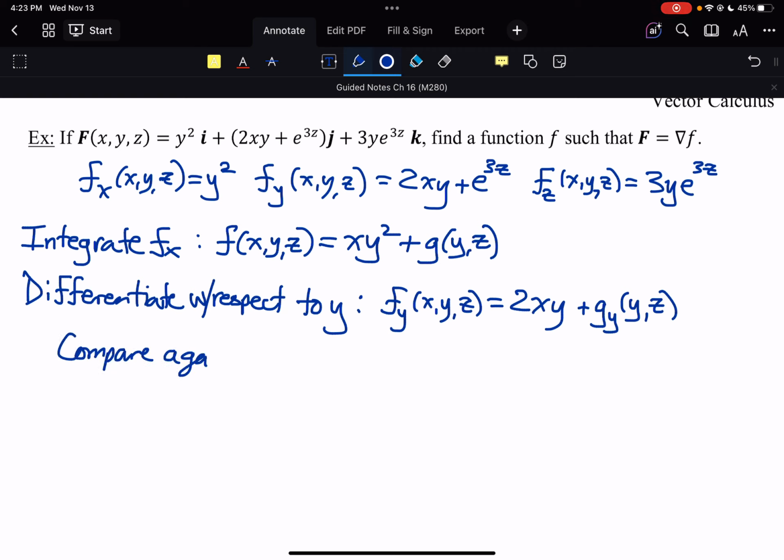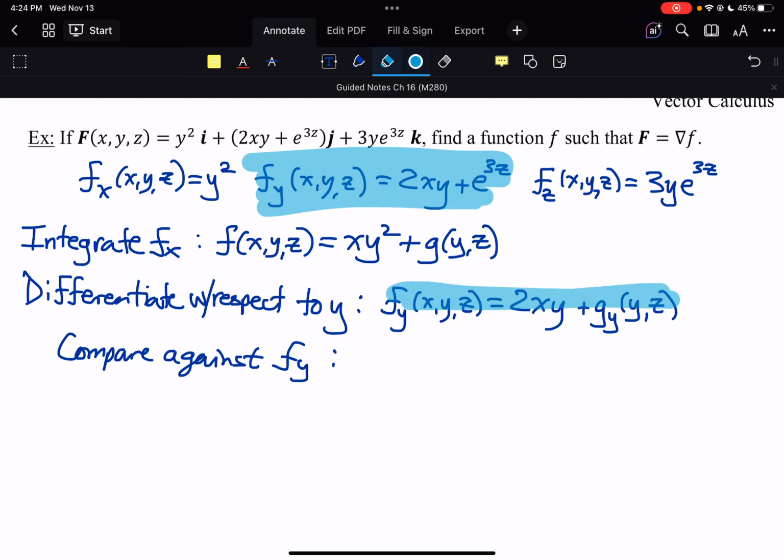Compare against fy. So we already had fy up here. So now we're going to compare this one to it. The 2xy checks out, and we have this piece left over. So gy of yz must be e to the 3z.